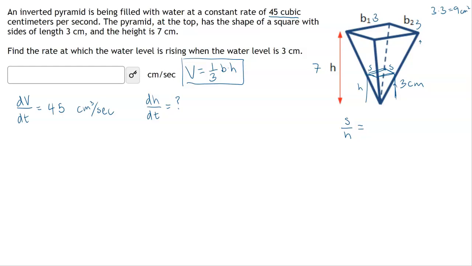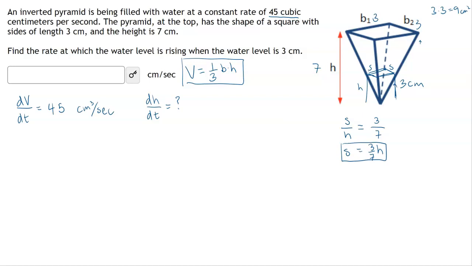Well, the entire thing has a container base side length of 3 and has an entire height of 7. So we can use this proportion and find that there's a relationship of just multiplying by h, S is equal to 3 over 7 times h. And so here is a relationship that we can also come up with based on the information that's given.